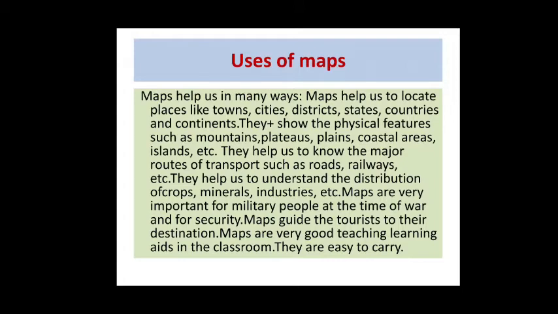So it is easy to identify which state is most important in iron ore, gold, many minerals. Maps are very important for military people at the time of war and for security. So we see that we don't know about Jammu and Kashmir, or the other border disputes.